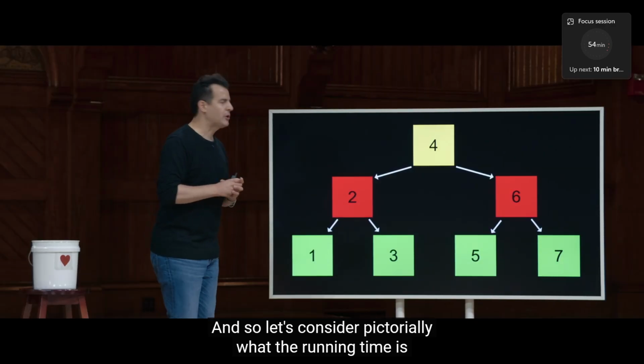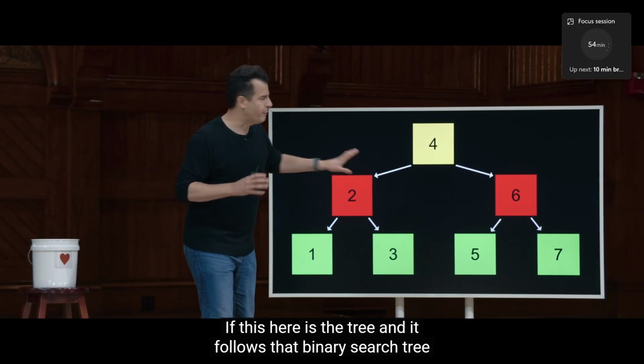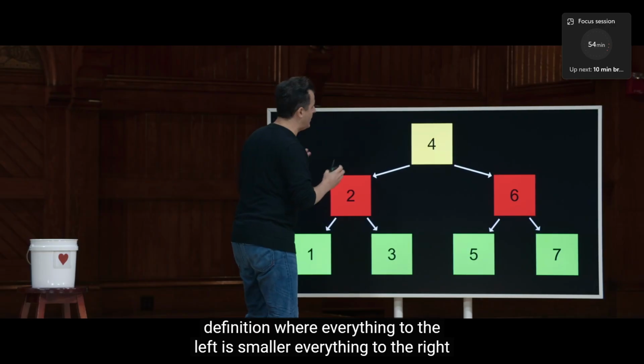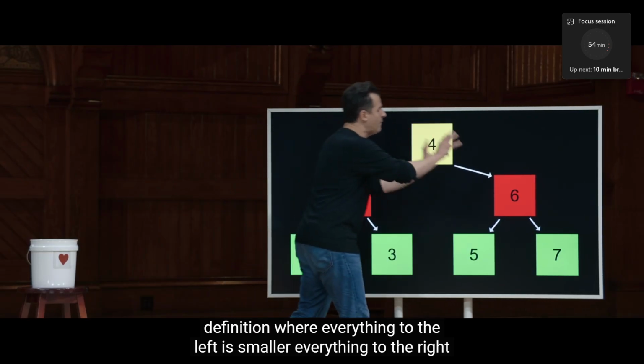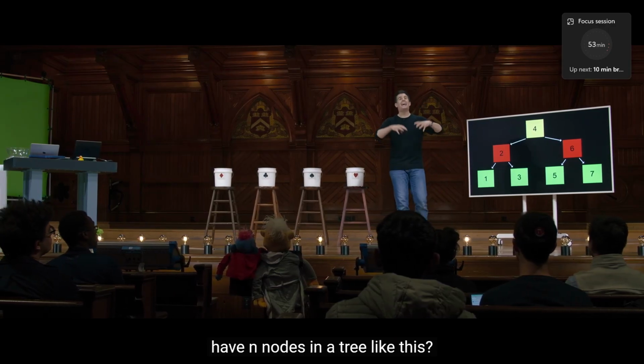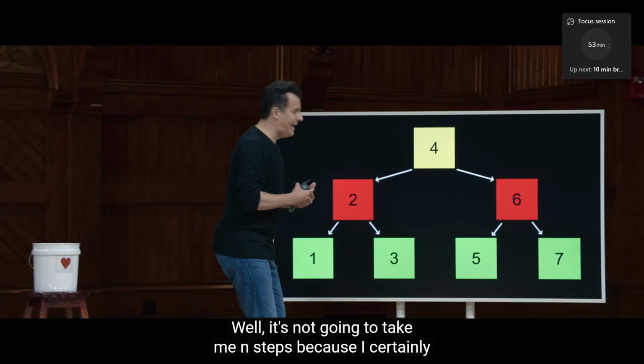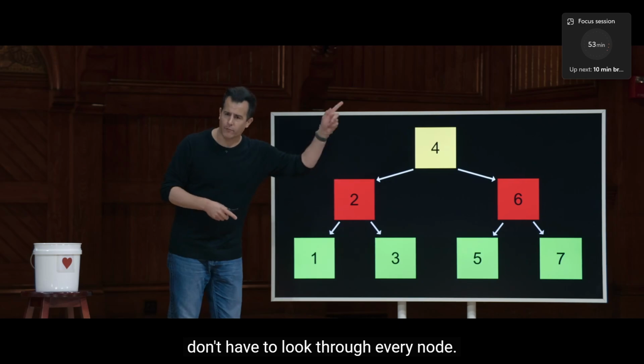And so let's consider pictorially what the running time is of searching for something. If this here is the tree, and it follows that binary search tree definition where everything to the left is smaller and everything to the right is bigger, how many steps might it take if you have n nodes in a tree like this? It's not going to take me n steps, because I certainly don't have to look through every node.